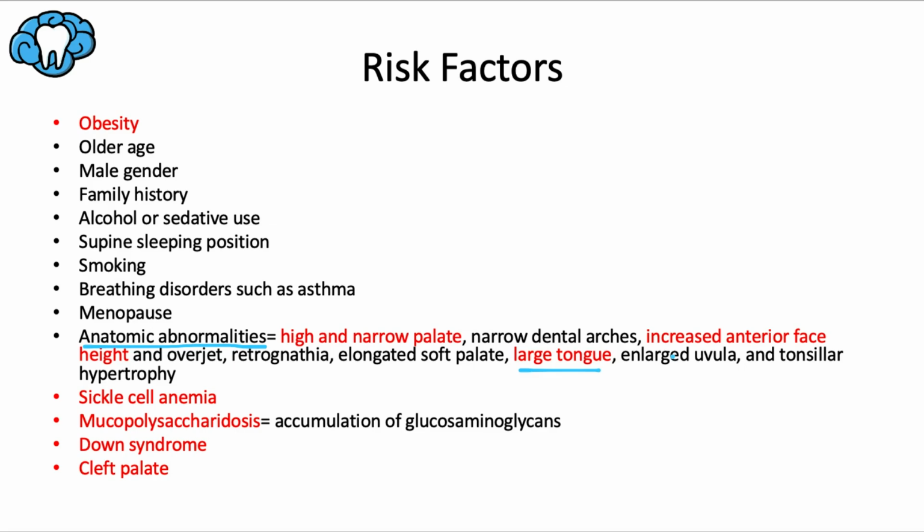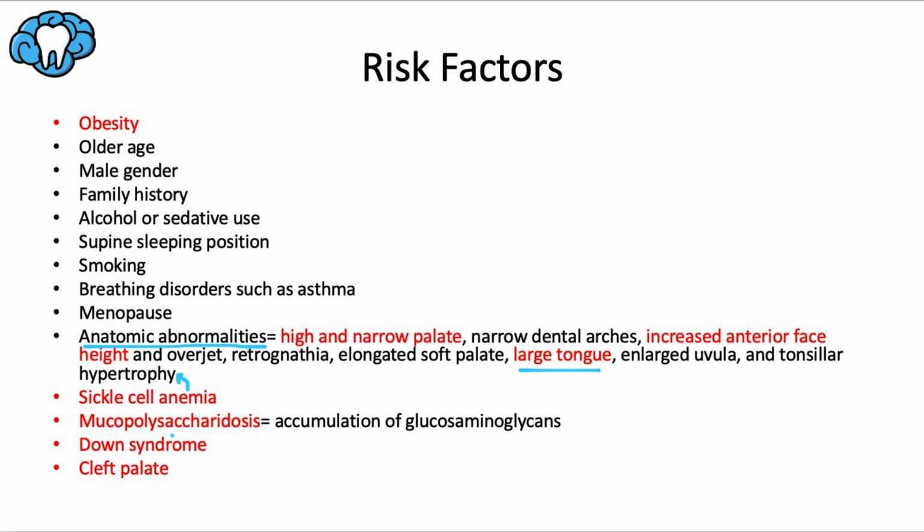Enlarged uvula, and finally tonsillar hypertrophy, especially in children. I could also include hypertrophy of the adenoids as well. And then for some more specific things, sickle cell anemia actually is a risk factor due to sickle cell disease related adenotonsillar hypertrophy. So that goes back to the one above.